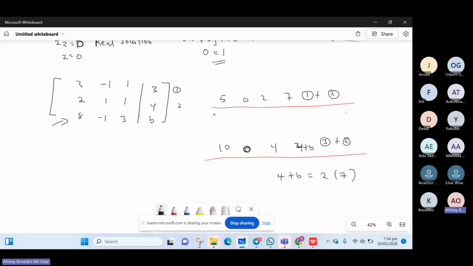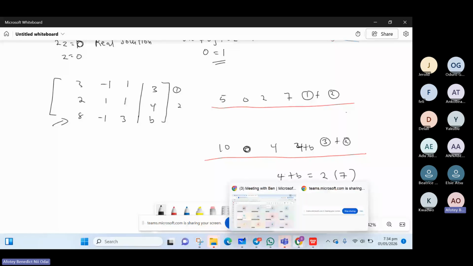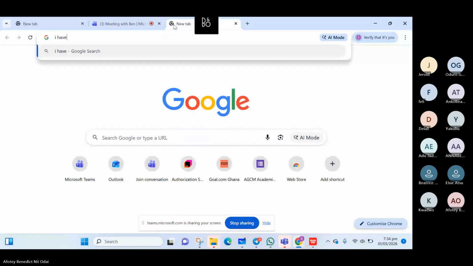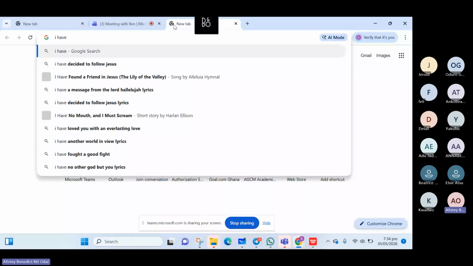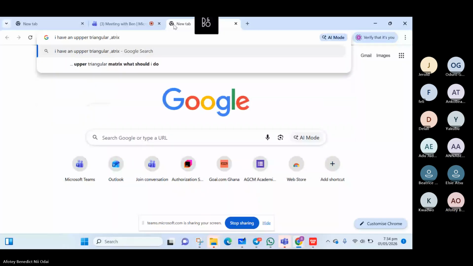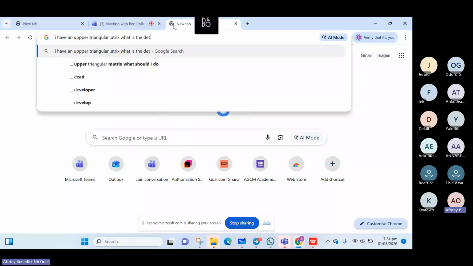As we said in the classes before, if you have an upper or lower triangular matrix, the addition of, is it the addition? I think I have to check this. Let me check this real quick, so that I have an upper triangular matrix. What is the determinant?